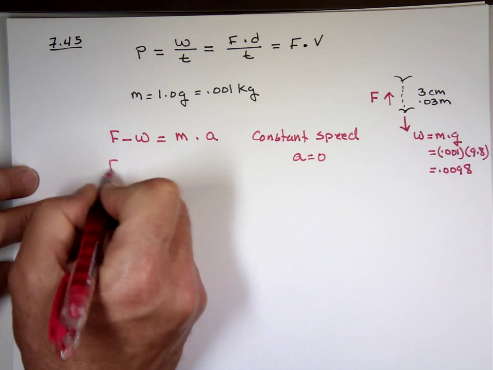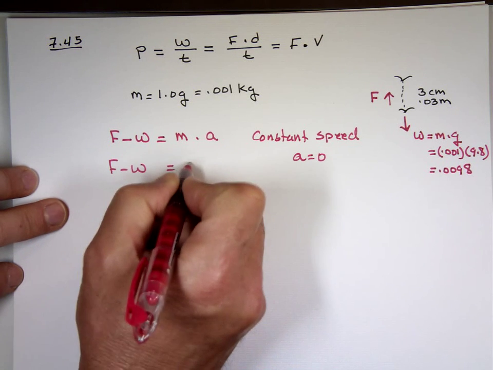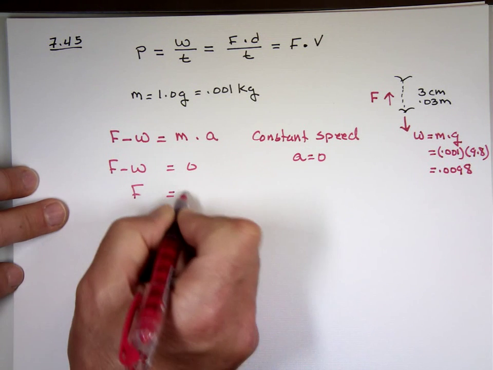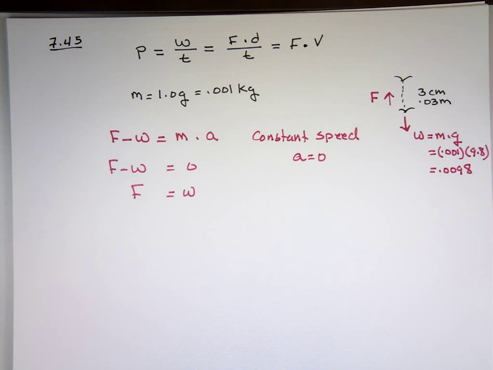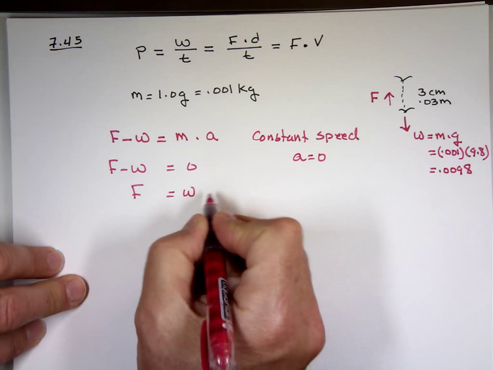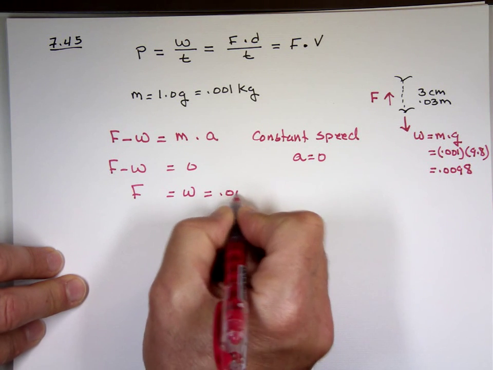So F minus W equals 0, which means the force equals W. Otherwise, if the fly is not moving at constant speed, we need to know what that acceleration is, so we need to know how big the force is. So the force here is equal to W, which is 0.0098.